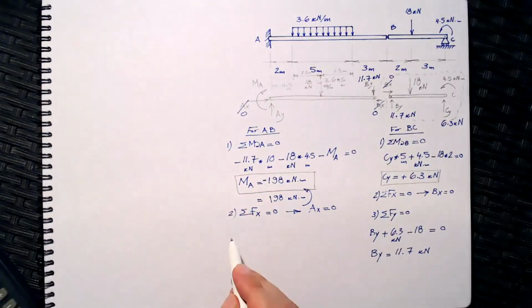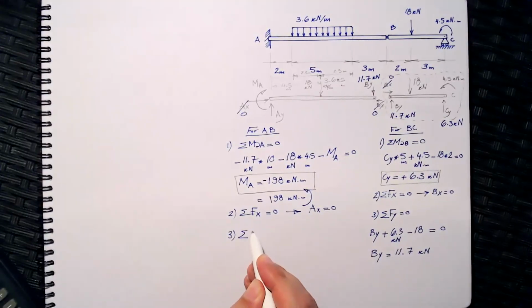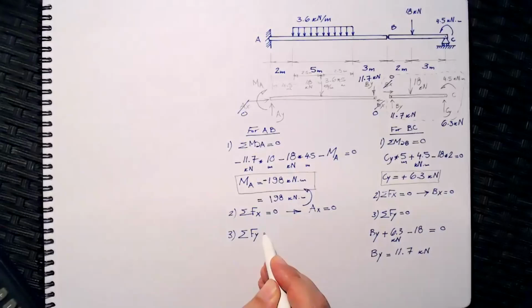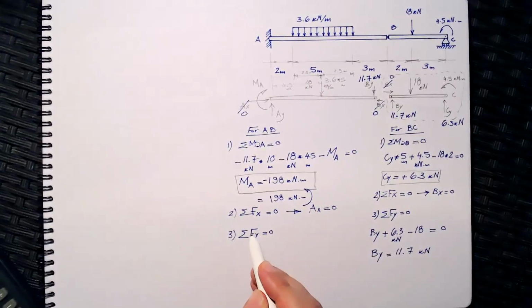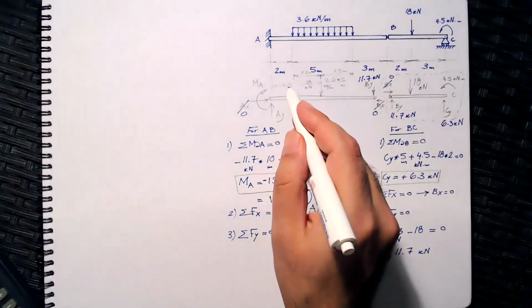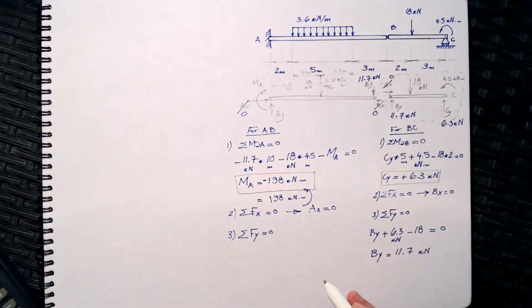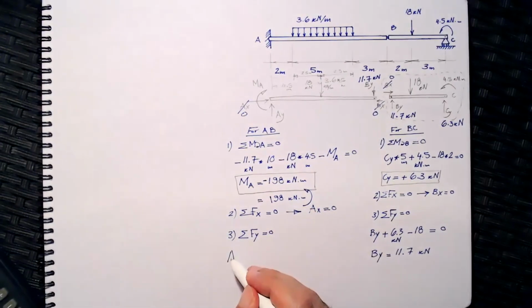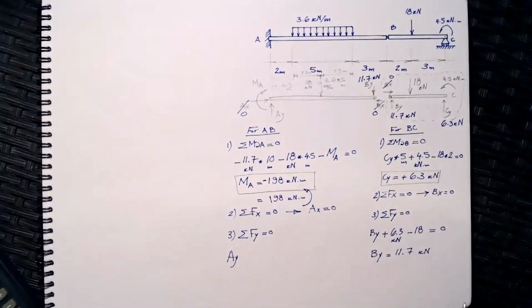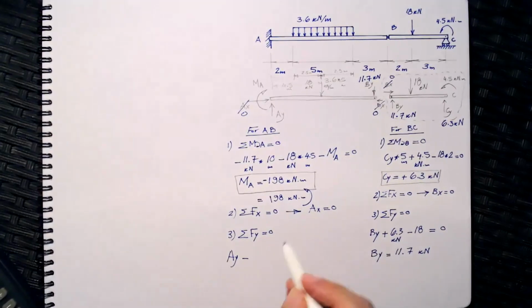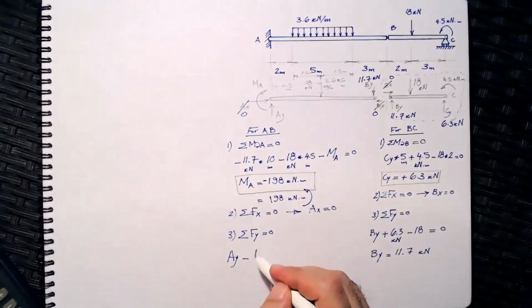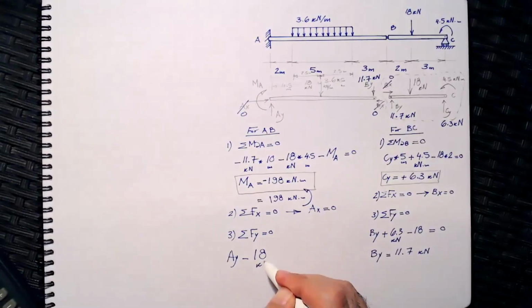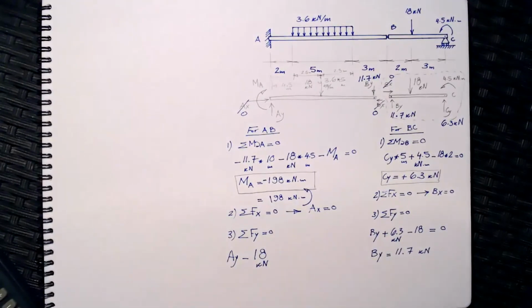This is the second equilibrium equation. The third equilibrium equation, which is the summation of forces in Y, has to equal 0. I will take everything going up as positive minus everything going down and equate that to 0. The first force here is AY. It's going positive Y, so I'll take it positive. Minus the 18 is going downward, so I'll take minus 18 kilonewton.